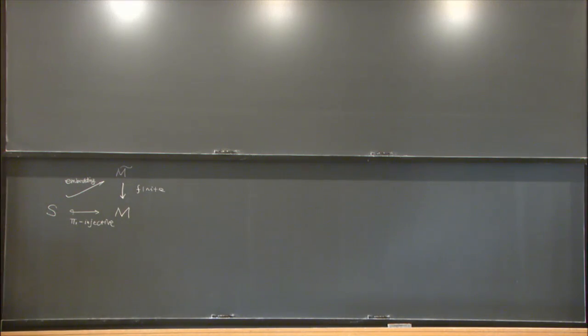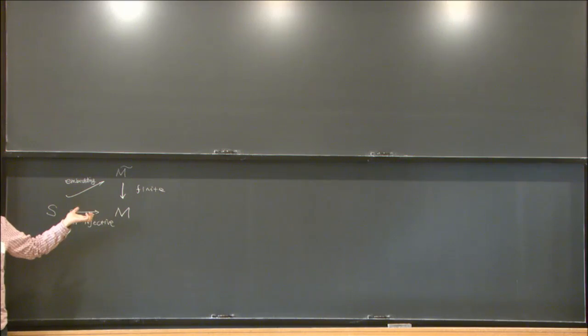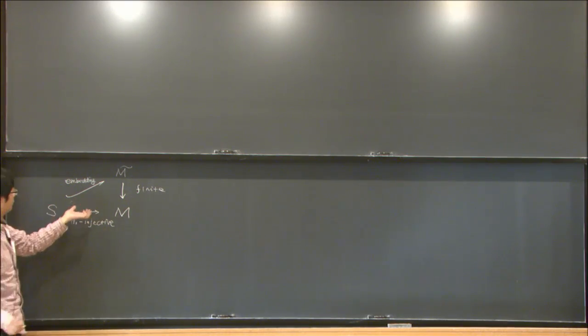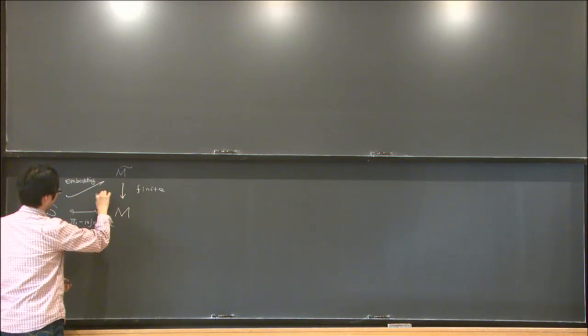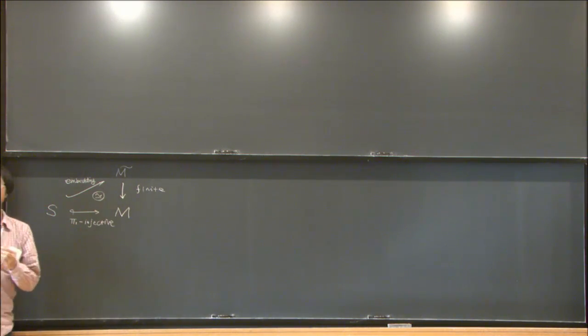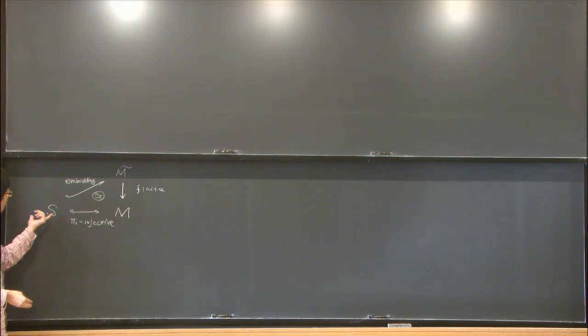And of course, we are talking about group theoretic objects, so you want to allow this diagram to commute just up to homotopy.